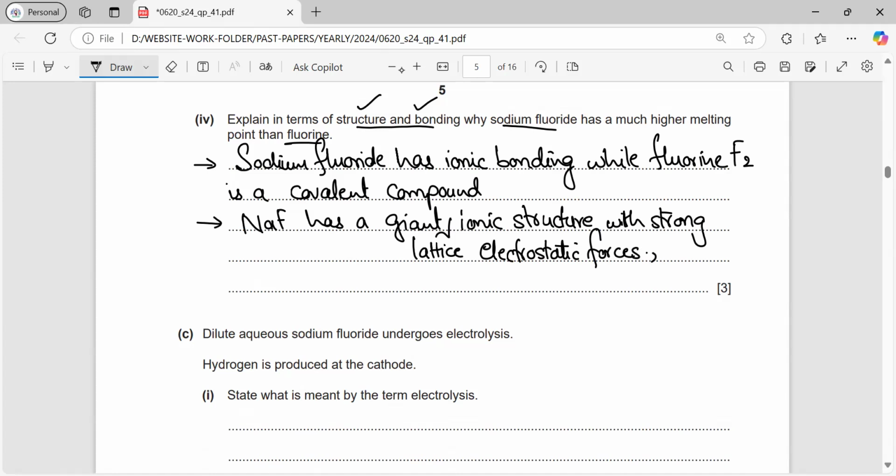While, on the other hand, fluorine is a simple molecular structure with a weak force of attraction, with weak intermolecular forces.